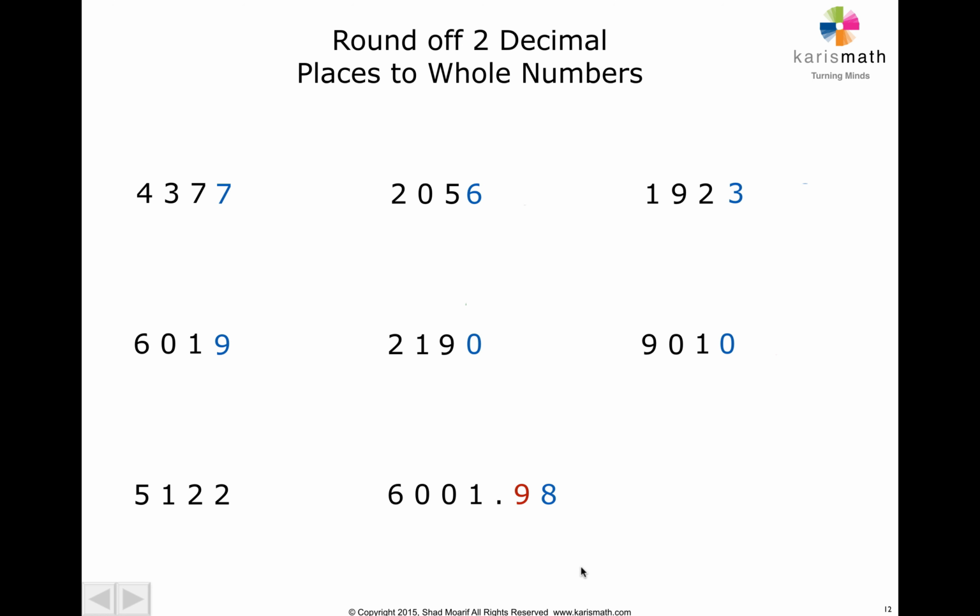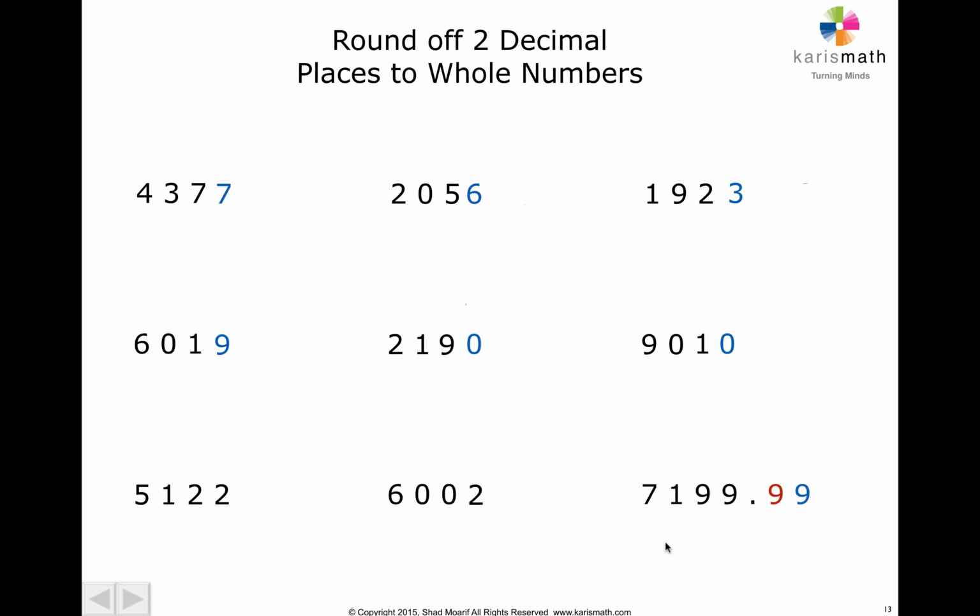Here, what about this? Very good. This becomes 0, but it's more than 5, so this becomes 10. 10 tenths, which means 1 whole. So 1 whole will come here, and this is zeroed out. And then we add these two together, and we get 2. So 6,002. So that's the whole number, 2 decimal places gone. Here, 99, same thing. What do you think?